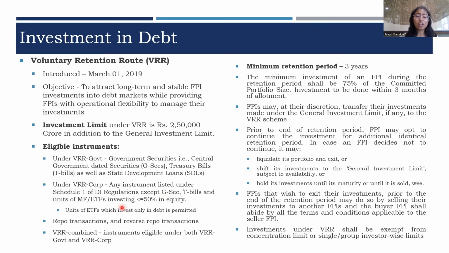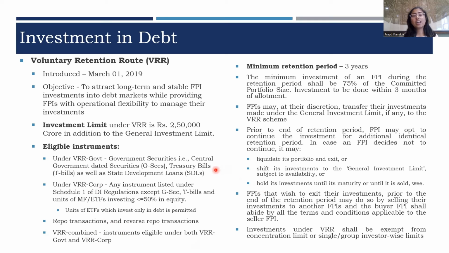And it also does not include mutual fund units which are investing less than or equal to 50% in equity. However, if the mutual fund is investing only in debt instruments, that is 100% in debt, those mutual fund units or ETF units will be covered under VRR Corp. And VRR combined is the combined limit for VRR. That VRR combined includes instruments under VRR government as well as VRR Corp.